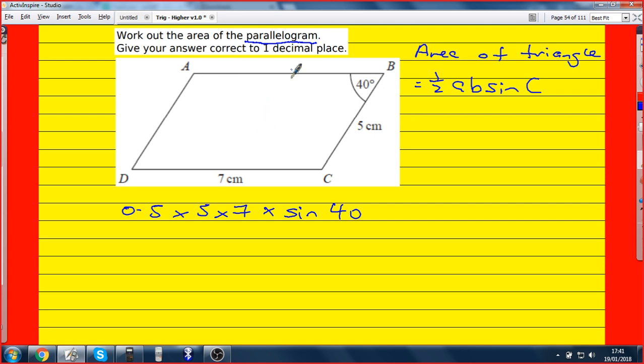Oh, it's 7 centimeters. Yeah. So a parallelogram is like a rectangle that's just been pushed over a bit. So it's literally a half times 5 times 7 times sine of the angle between them, 40. But that's for a triangle. How do we get the total area for this parallelogram?